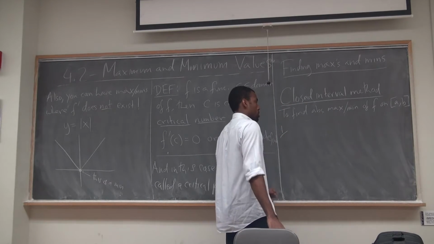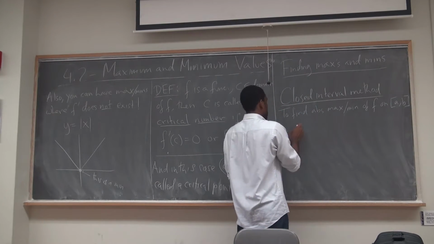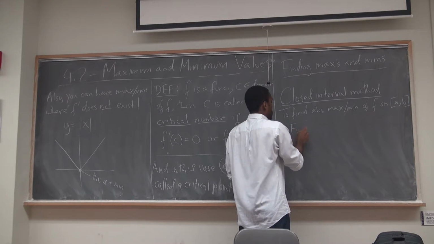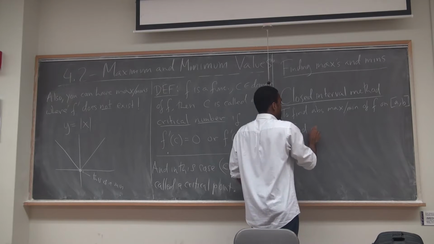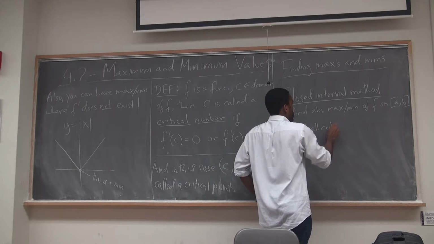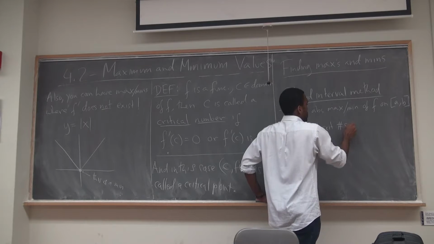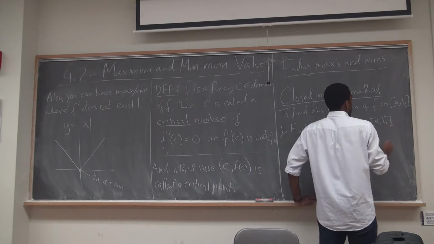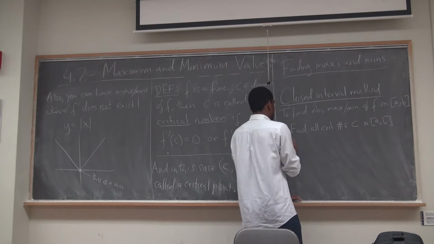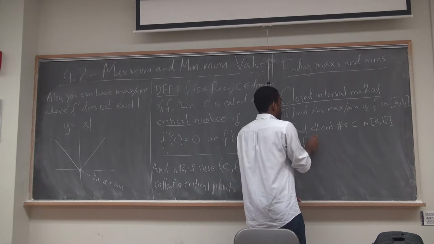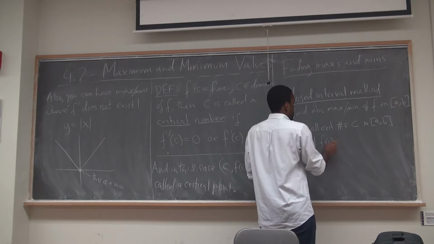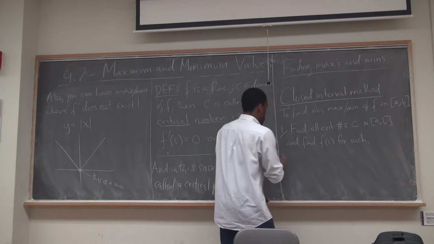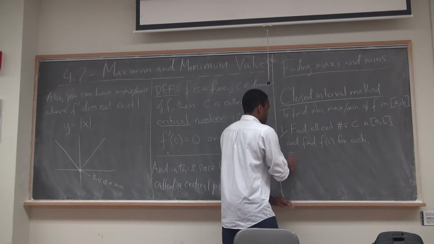One, what you would do is you would find all critical numbers c in AB, and find f of c for each. Two, you evaluate f at the endpoints.